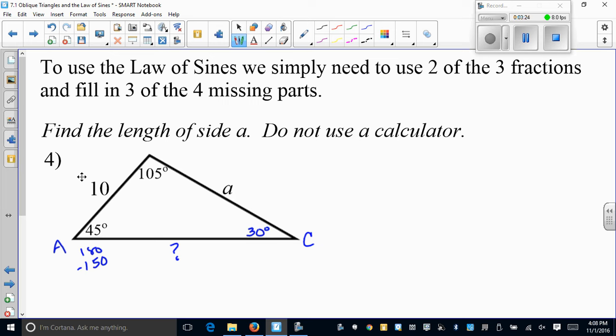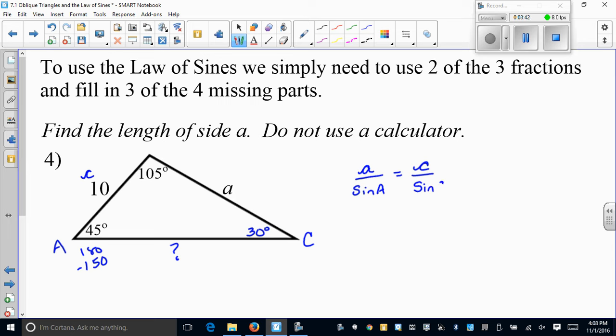Using 2 of the 3 fractions, I have little a over sine of angle A equals little c over sine of angle C. Fill in the 3 parts of the information you know.